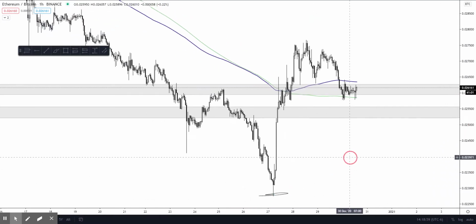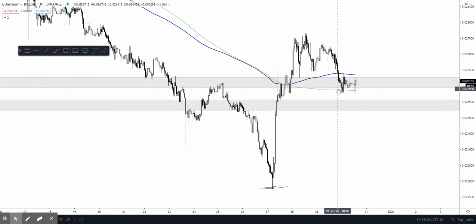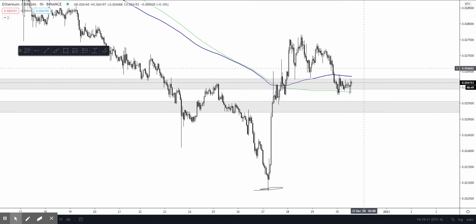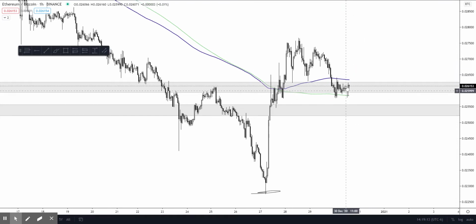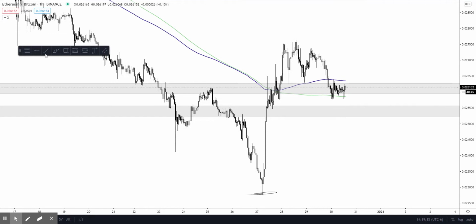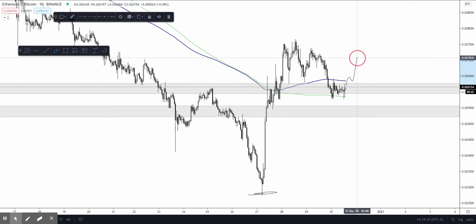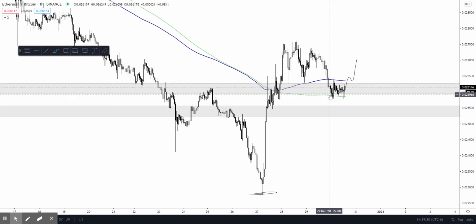So ETH BTC currently consolidating within our hourly 200 MAs. So hourly 200 MA is green, hourly 200 EMA is the blue one. All right, so pinching in between those, pinching in between that daily demand region. So if we get that move upwards, anticipate this to be the higher low on your 4 hour and look for that higher high, right?